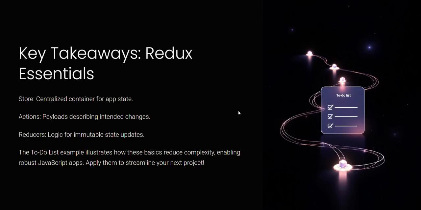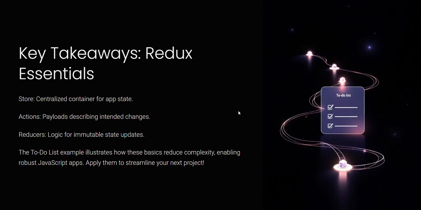Actions describe what happened. They carry the intentions to change the state. And third one is reducers, pure functions that calculate the new state based on actions. The to-do list example illustrates how the basics reduce complexity, enabling robust JavaScript.